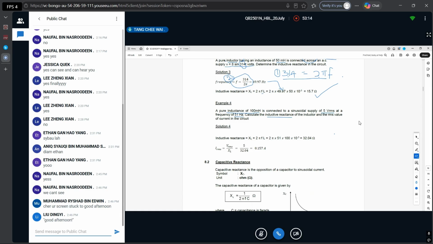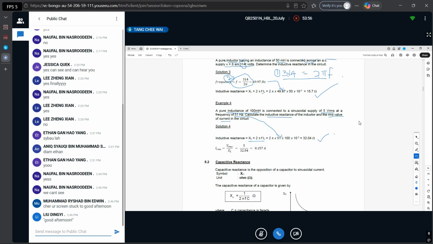First of all, write down the formula. Then you substitute the values in. But wait, they ask you to find inductive reactance and also calculate the RMS value of the current. So we settle XL, the inductive reactance, first. We have all the values that are given, we plug in the inductance, and then we get the inductive reactance, 32.04 ohms.